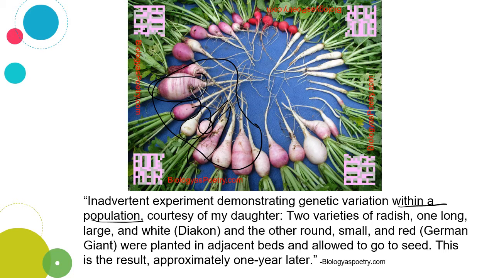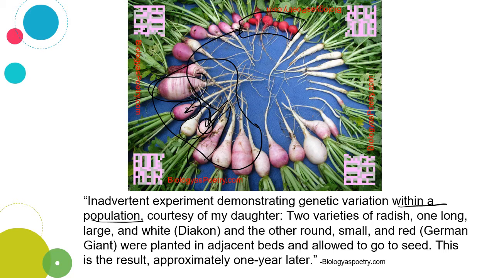And then we as humans like to tinker with stuff, so we wanted to have radishes that were rounder and smaller and redder. So we kept selecting ones that looked more like these two and breeding those together and letting their genes recombine to then hopefully make our way toward eventually getting this German giant.